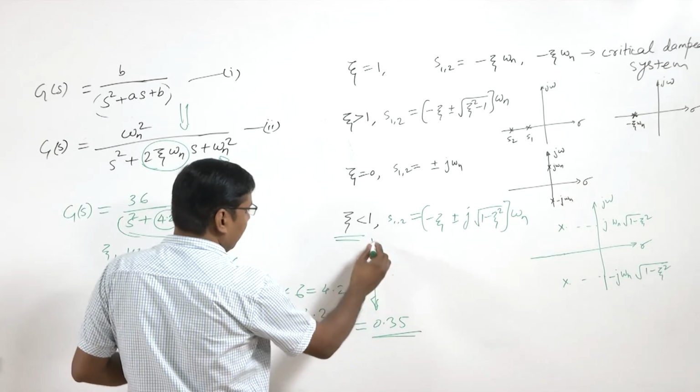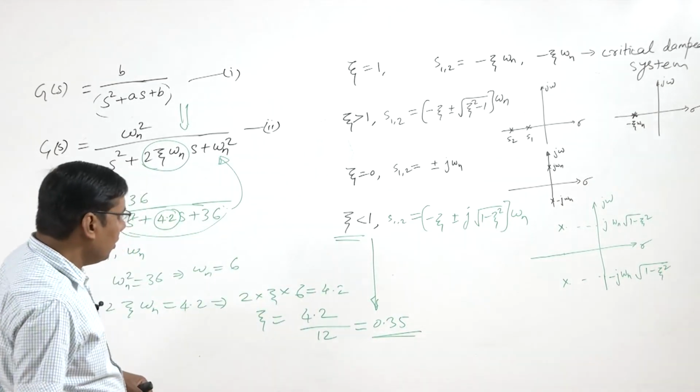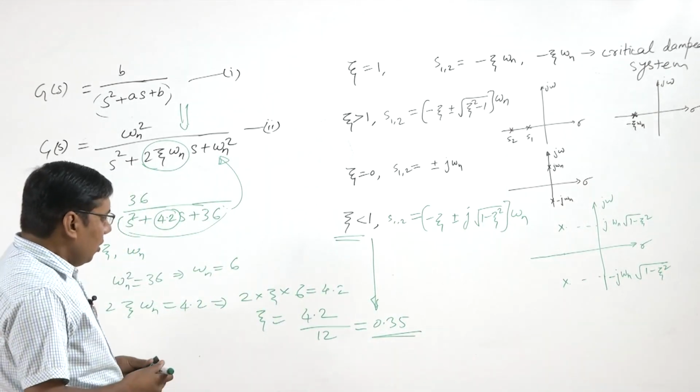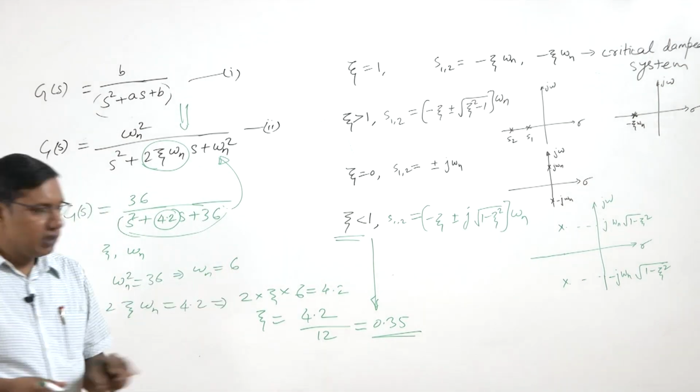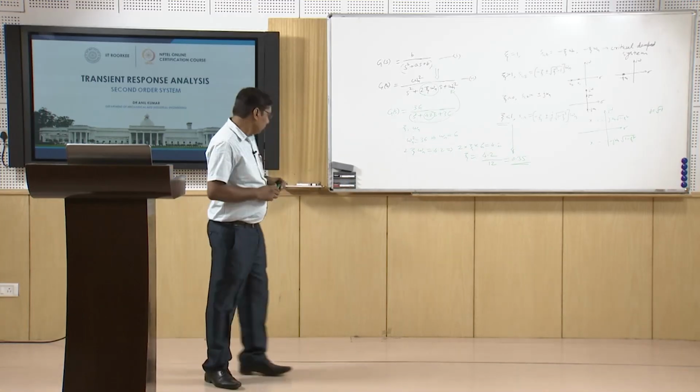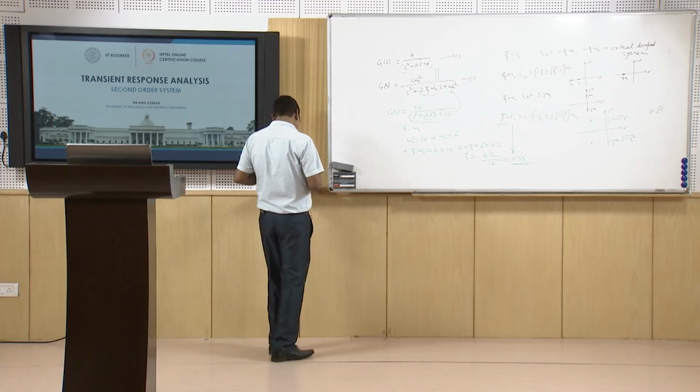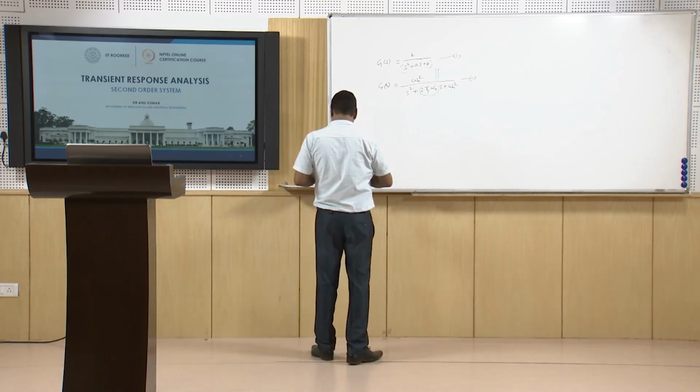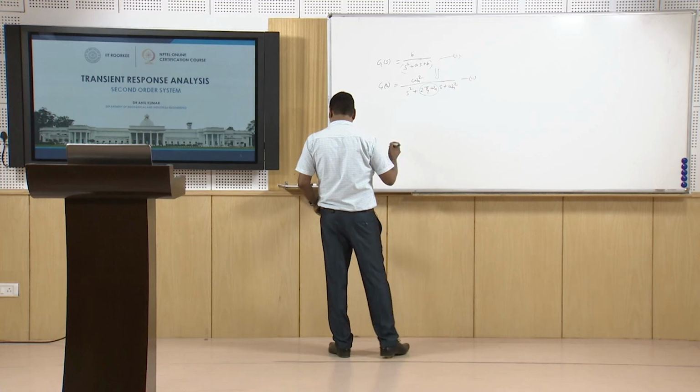So this is an underdamped system and the natural frequency of the system is 6. Omega n is 6. Now let's take some more examples.